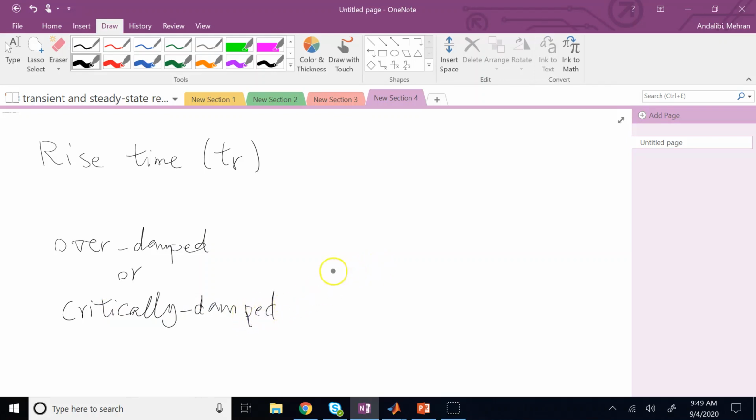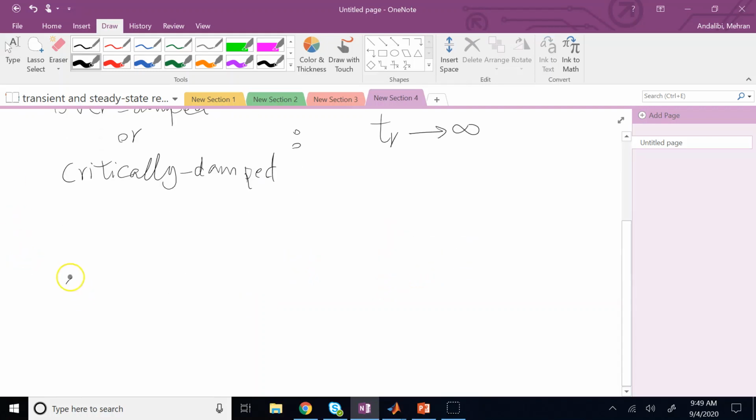It takes forever. So your rise time is infinite. But if it is underdamped, so you have oscillations, then you will reach it, overshoot, and then come back. But the first time that you reach it, we can calculate.